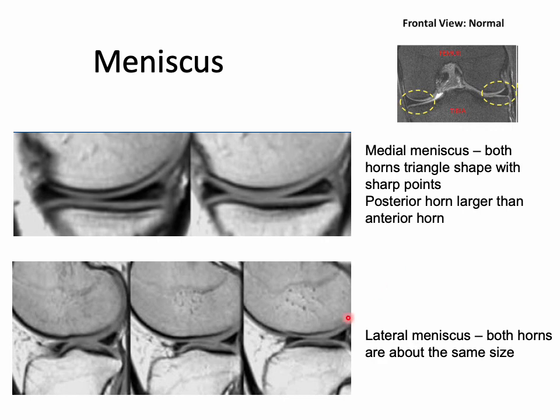Lateral meniscus, they're both about the same size, and we can see that they're relatively uniform in signal intensity. Meniscal tears are seen as sort of fluid signal or defects in this otherwise normal homogeneous signal intensity.